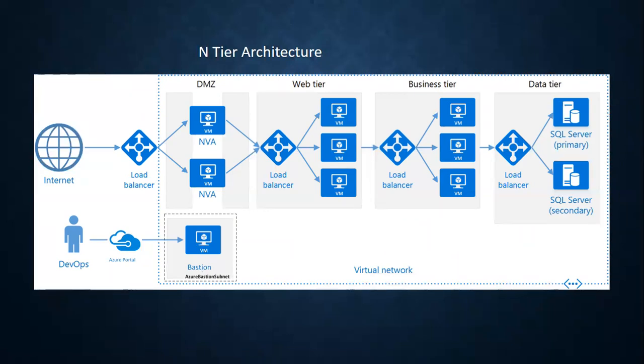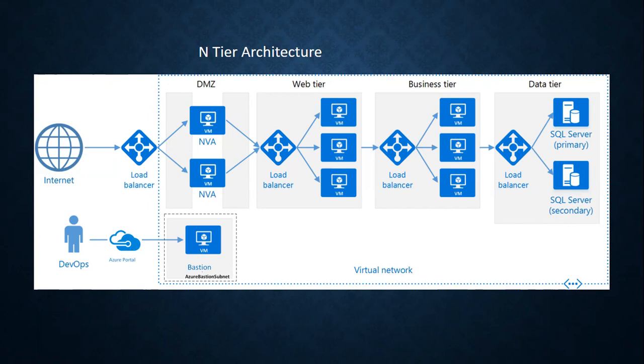Between each layer, like the web layer, business layer, and data layer, load balancers are there. So from the browser, if a number of users hit a particular application at a time, right, these load balancers will capture all the load and distribute it based on the requirement among different servers.